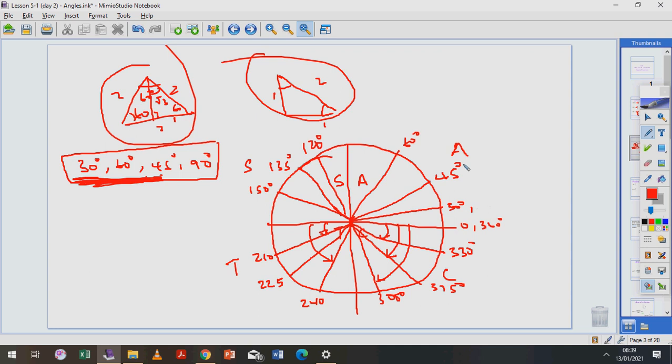Pi over 6. And 45 is pi over 4, and 60 is pi over 3. So I would encourage you to draw this circle on your own and then write the angles in radians. And if you want, write the ratios for sine, cosine, and tan, just for your own practice, okay?